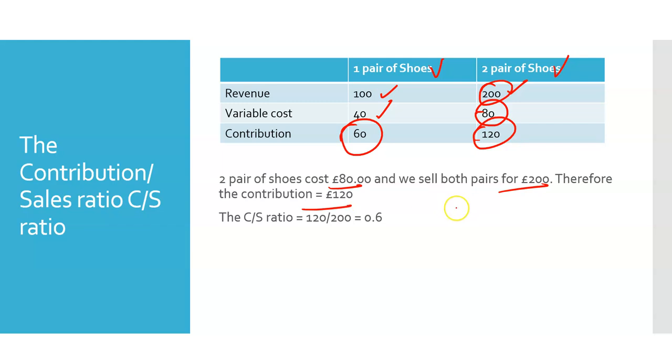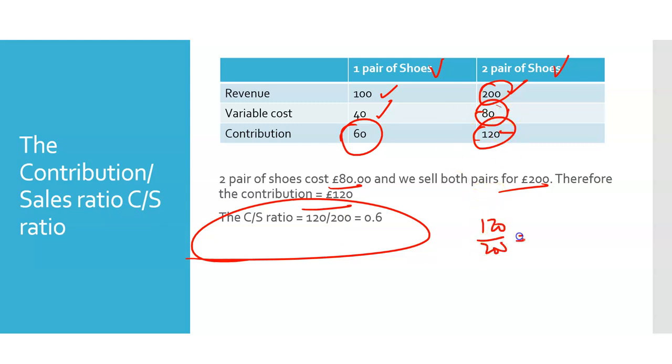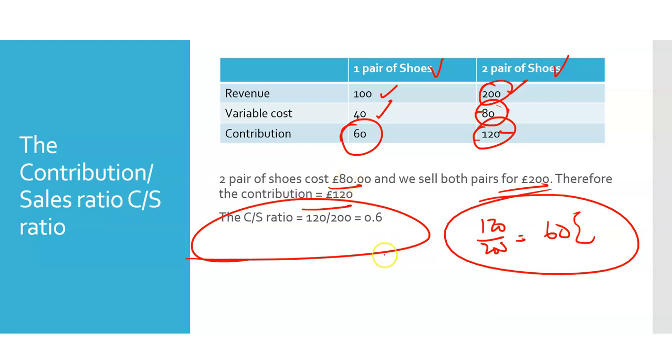This leaves us with a contribution of 120. Therefore, the C over S ratio is, in this scenario, 120 divided by 200, which is still 60%.